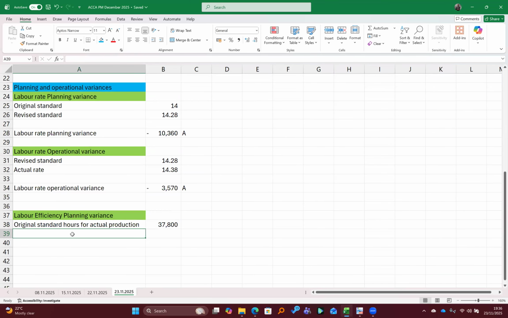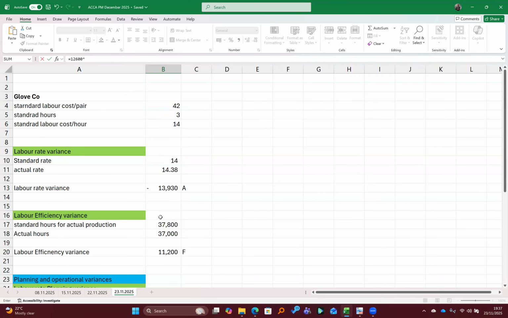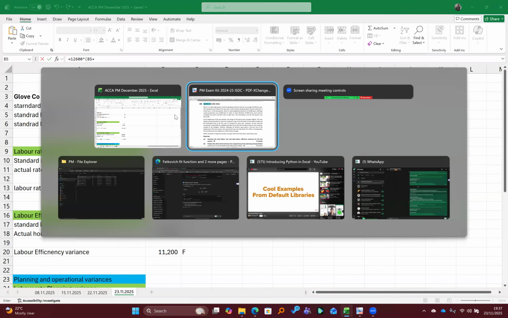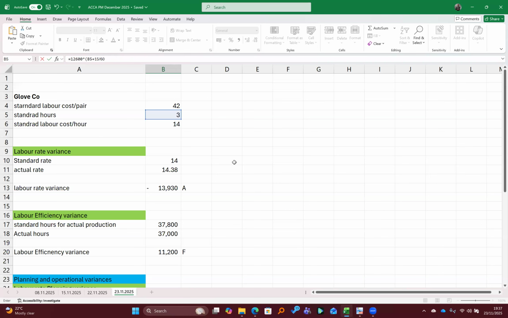But actually, the revised standard hours, of course it is still 12,600, multiplied by the 3 hours, but remember they have added 15 minutes out of 60.